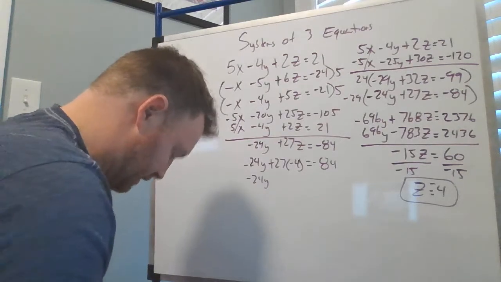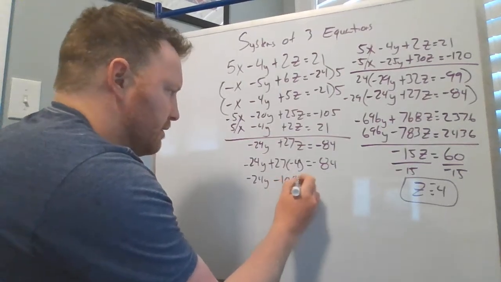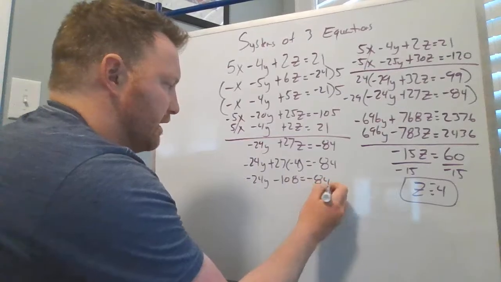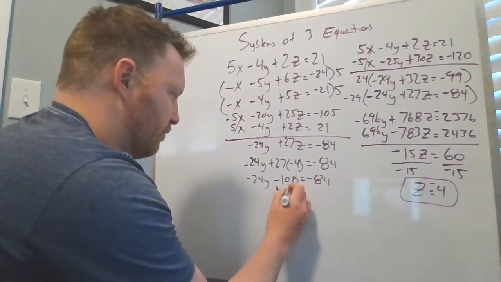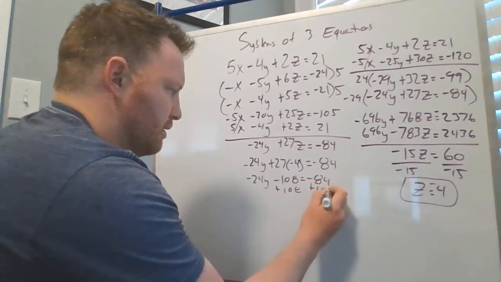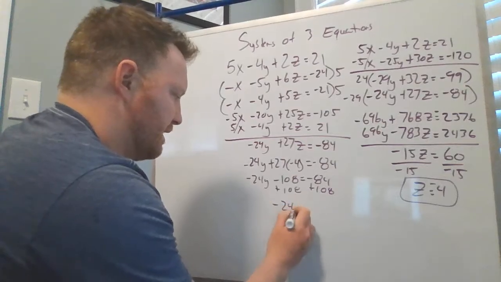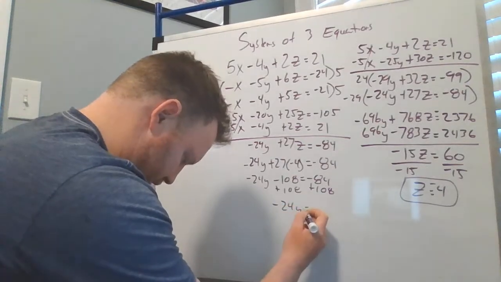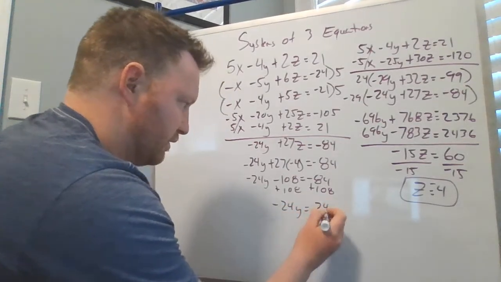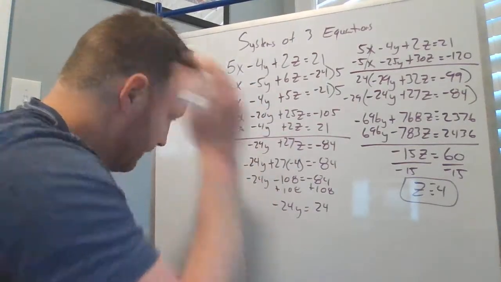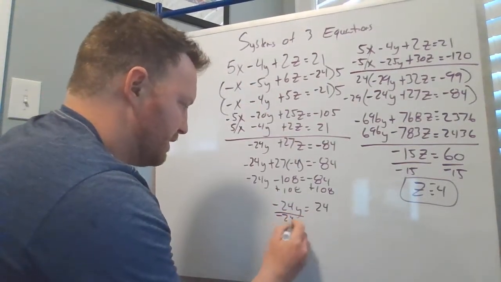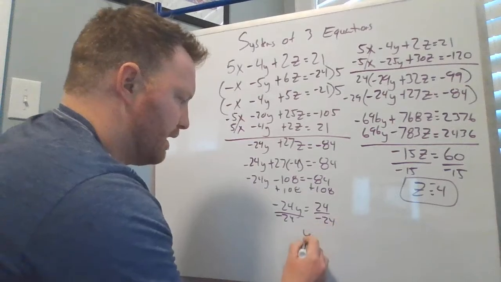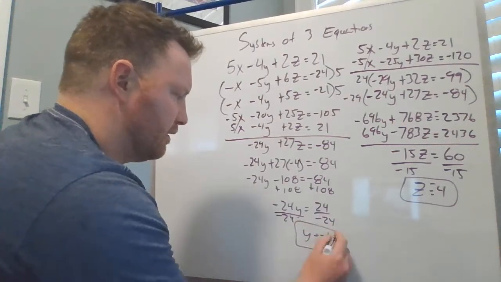Negative 27 times this is negative 108. And this equals negative 84. So then when I add 108 to both sides, I get a negative 24y equals a positive 24. Okay? And when I divide both sides by negative 24, I get y equals negative 1.